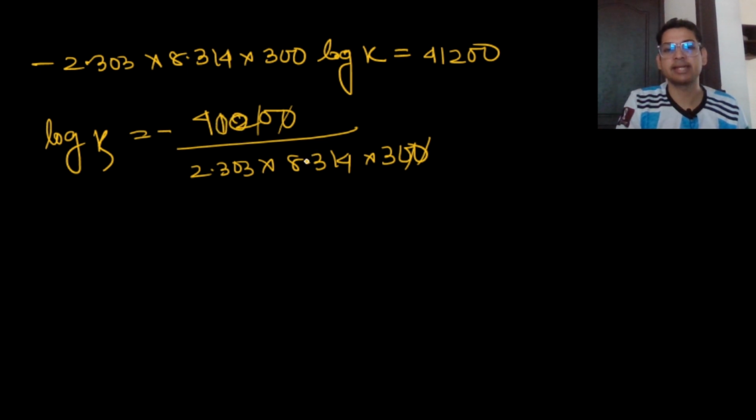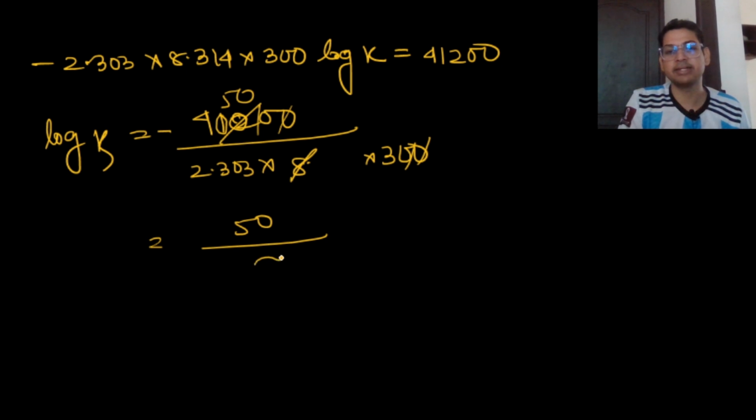I can write this as roughly 8. Roughly I can write it as 8. Okay, and this 8 and 400 I can cancel out as 5. So 5 divided by 2.3 into 3, that means it is coming around 6.9, so roughly it is coming as 7.